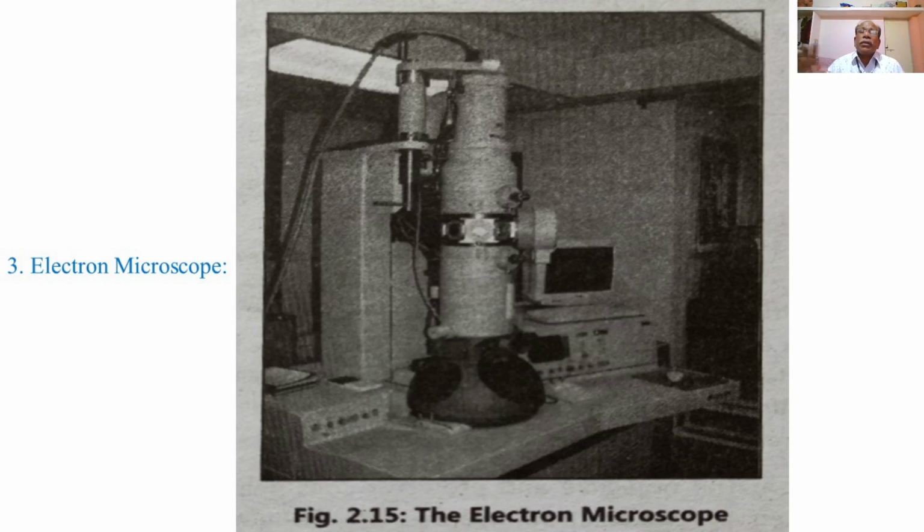Together with this, a fluorescent screen similar to a television screen is also accompanied with the electron microscope. So this is the structure and the various components of the electron microscope that can be observed in the figure.